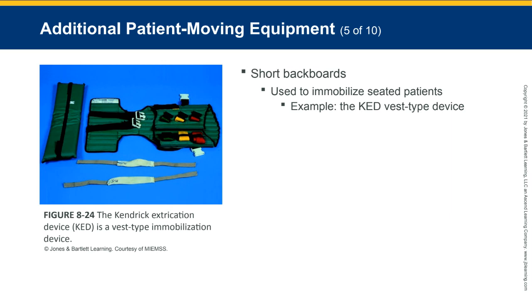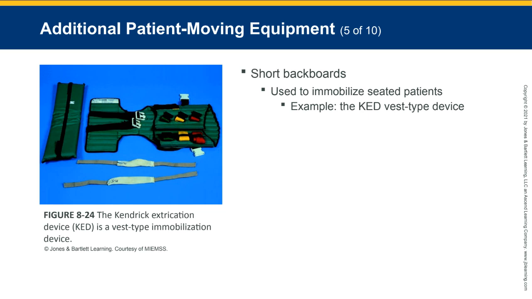Then you have your short backboards, and you have your KED, which is the same as a short backboard. So you can have a short backboard, or you can have a Kendrick extrication device, and it is also being phased out. It's a device that is used to move a patient from a motor vehicle accident who is not unstable.